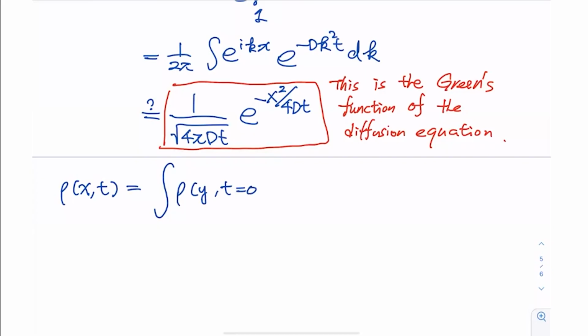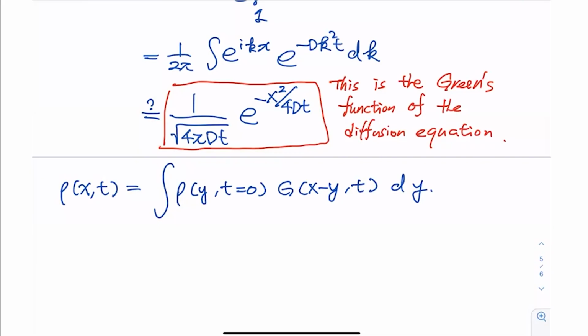Basically, that's the definition of the evolution of your density profile under the knowledge of your Green's function.